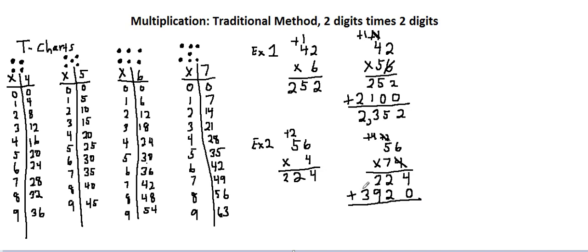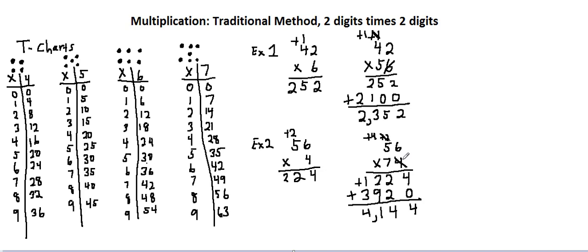And I add those two numbers together. 2 plus 2 is 4. 9 plus 2, 11. So I carry my 1. 1 plus 3 is 4. So 56 times 74 is 4,144.